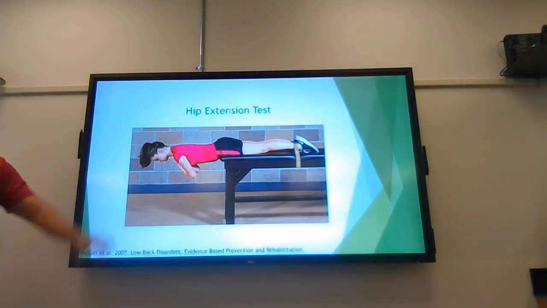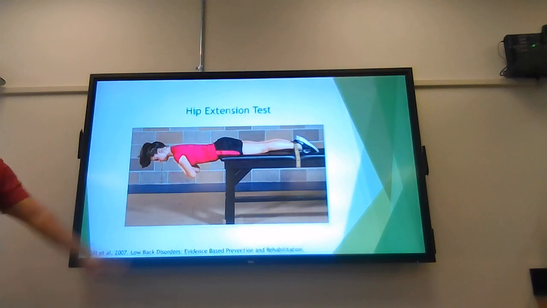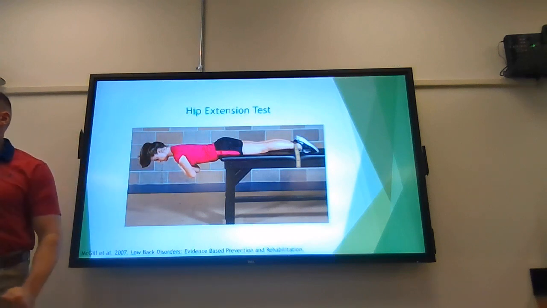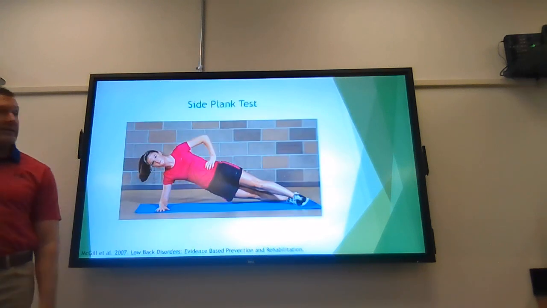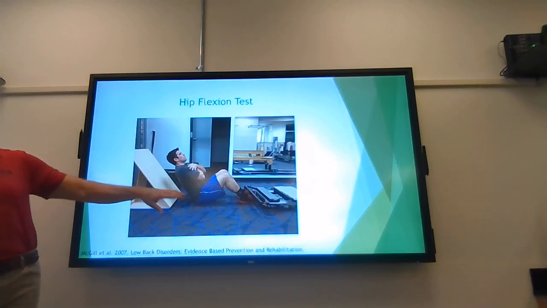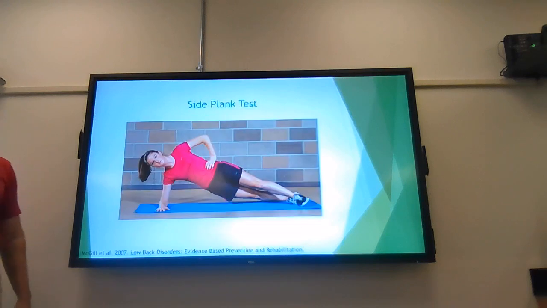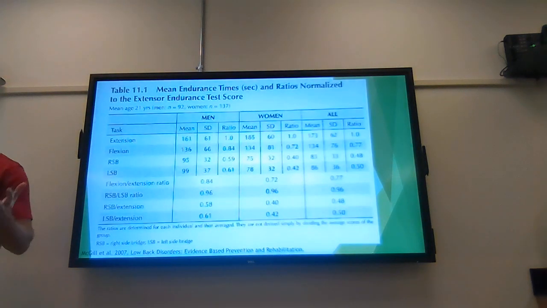So think about being in this position. How long could you hold that position? Just like that, because as soon as this person drops, that's the end of the test. Or as soon as the hip drops, that's the end of the test. Or as soon as the back starts to bow or the hip starts to extend, that's the end of the test. So you're holding that defined position for as long as you can.